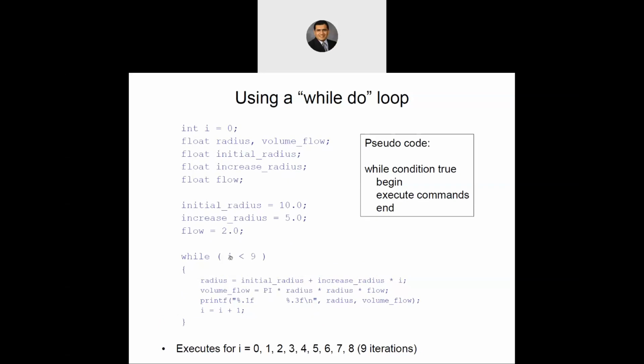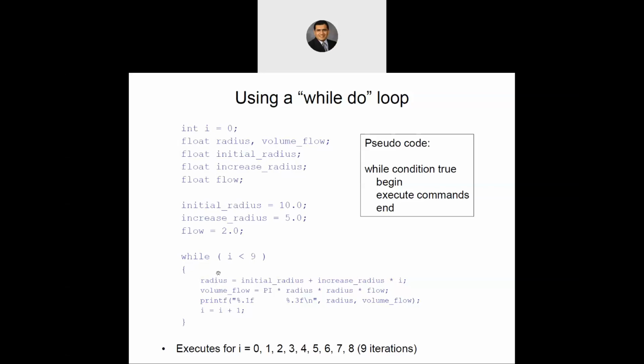Here the variable is I. Having said that, a loop should have an initial value. It should have a condition which tells how many times the loop will continue. Initial value is 0. I is less than 9. So from 0 to 9, that means it will go inside a loop 9 times.